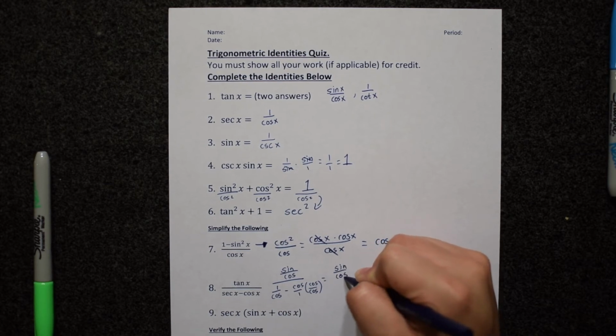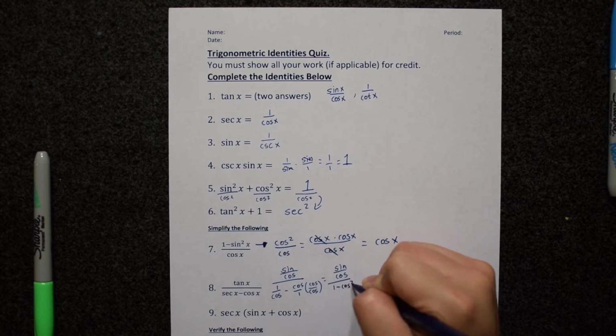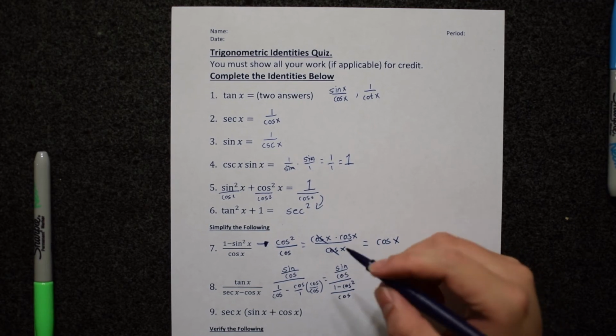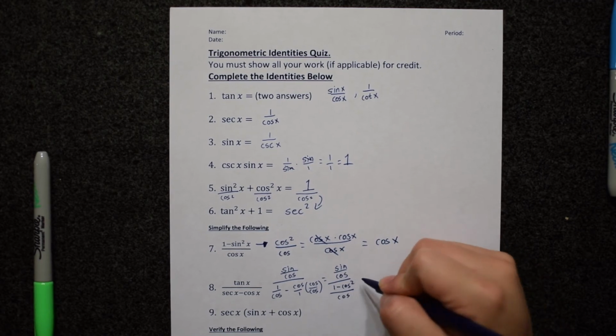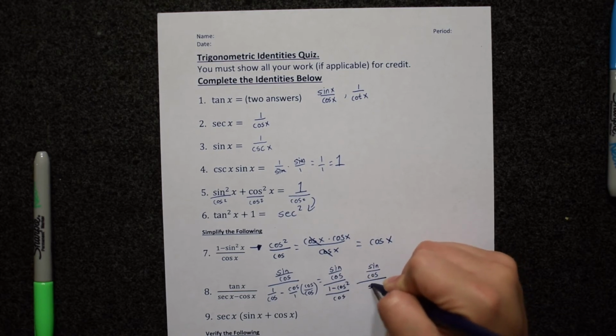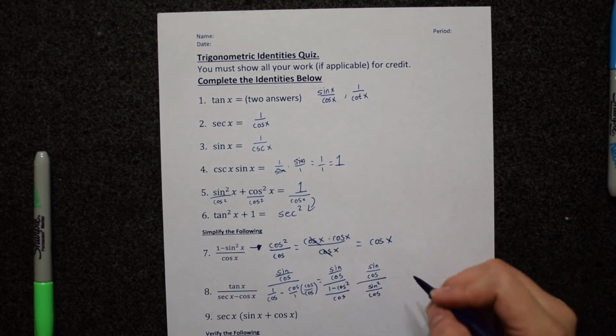sine over cosine over 1 minus cosine squared, all divided by cosine. And if you guys know, 1 minus cosine squared is equal to sine squared. So we actually have sine over cosine divided by sine squared over cosine. We can actually multiply by the reciprocal in this case.